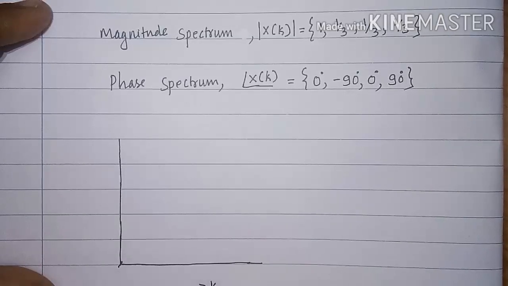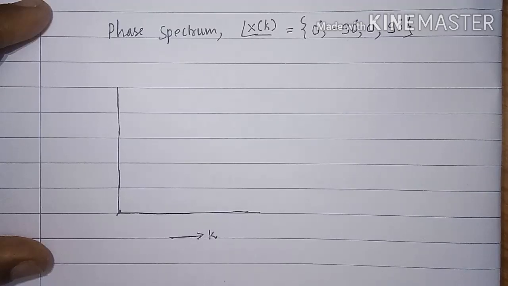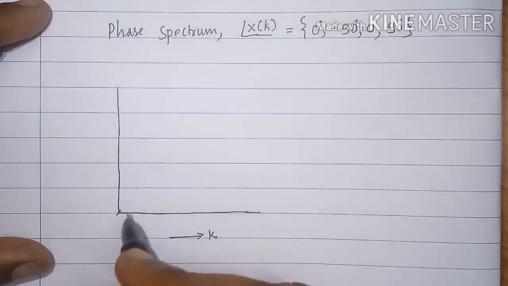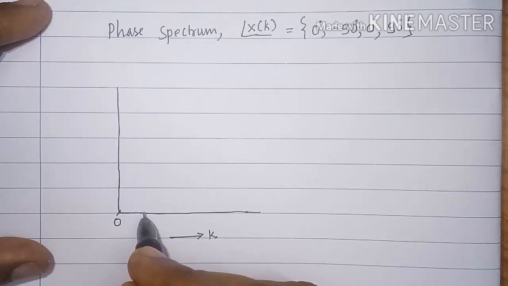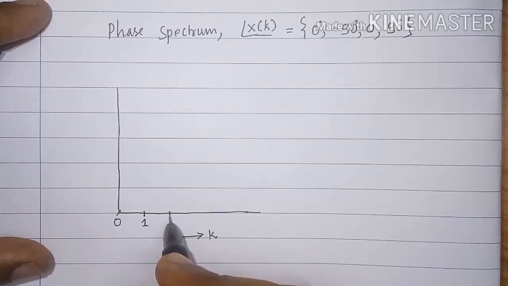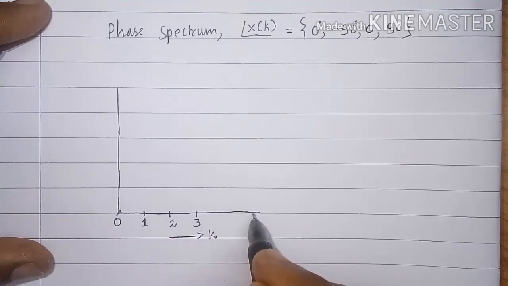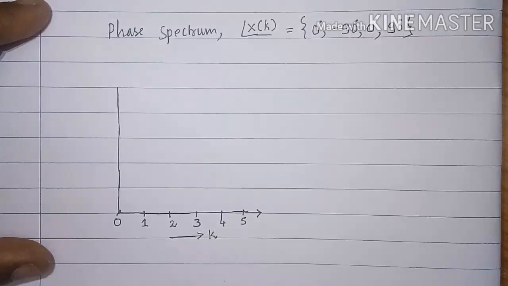On x-axis we will show k: 0, 1, 2, 3, 4, 5.